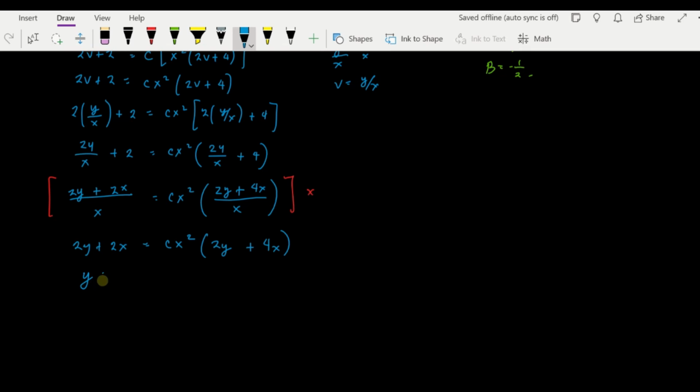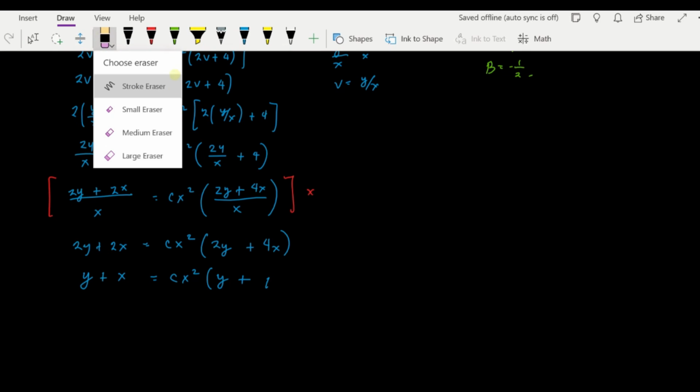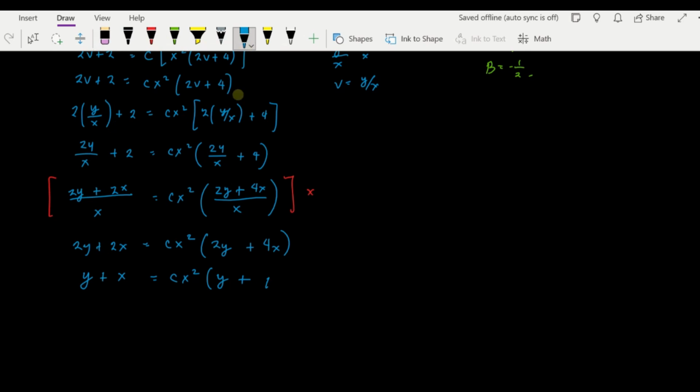So that is why we have y plus x equals cx squared times 2y divided by 2. Rather, 2x. Oh, wait lang. 2x. Okay? So, 2y divided by 2 is y. 4x divided by 2 is 2x.